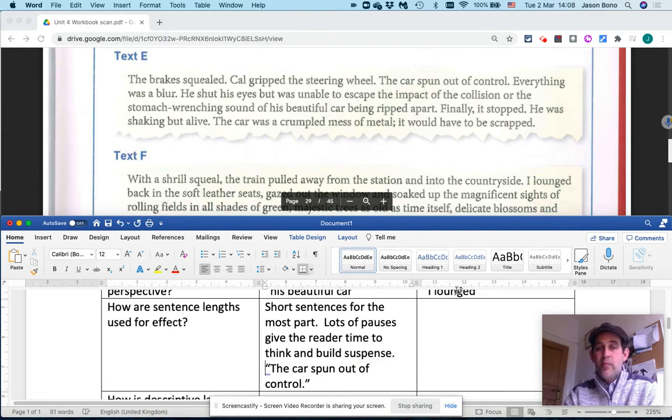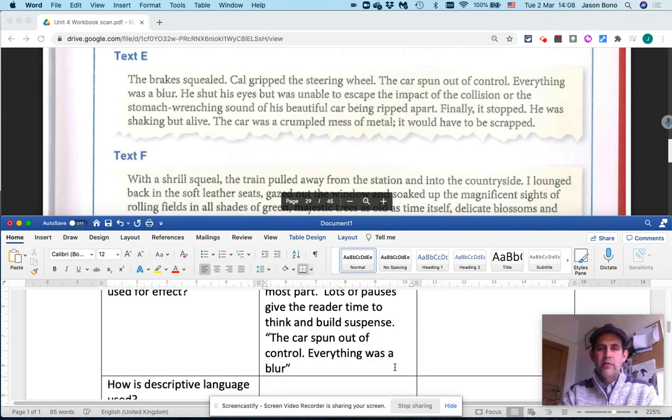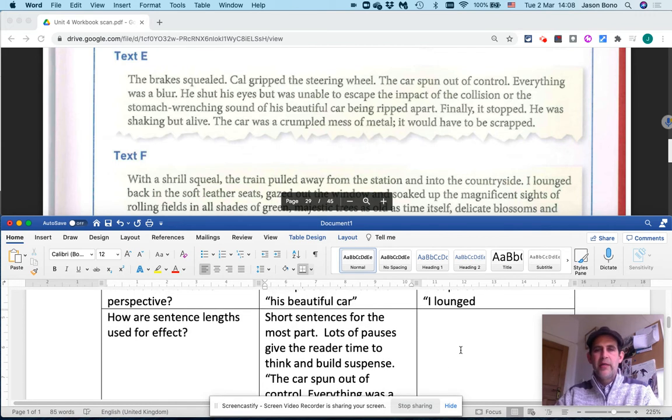The pauses build suspense. So they create tension, or suspense. I'm going to add to that so that we can see two sentences in a row. Everything was a blur. Now you can be writing or typing this into your own, but I'd like to see you adding to these as well.